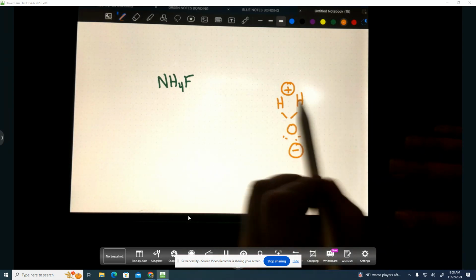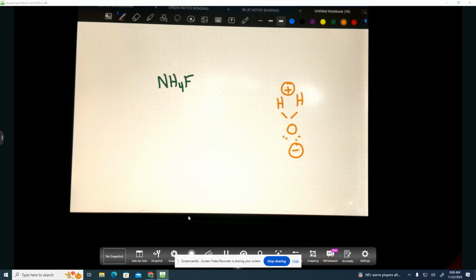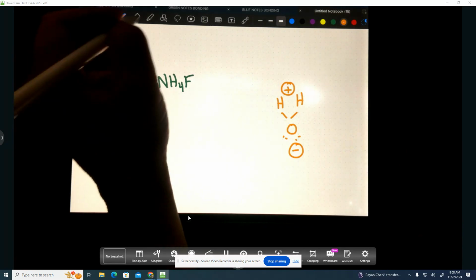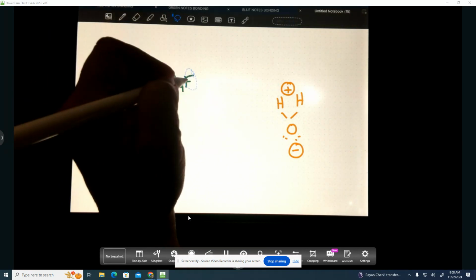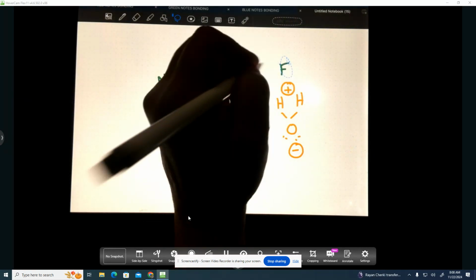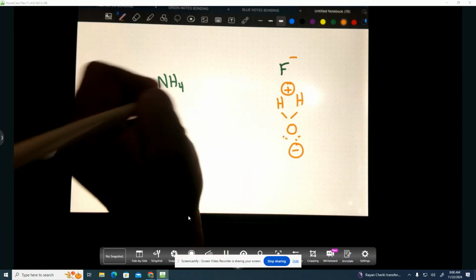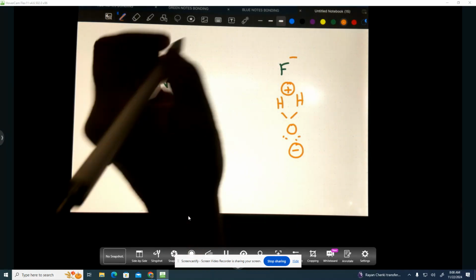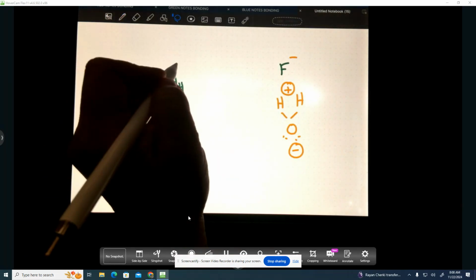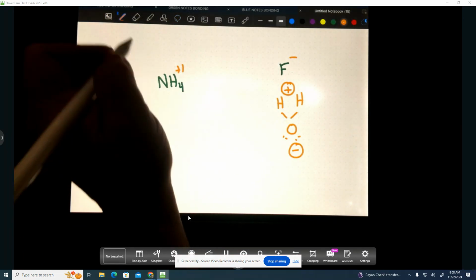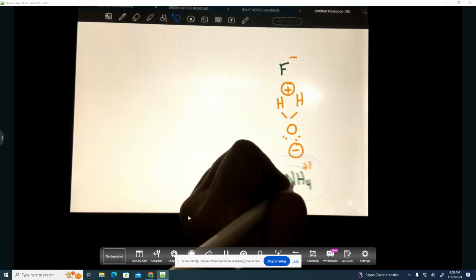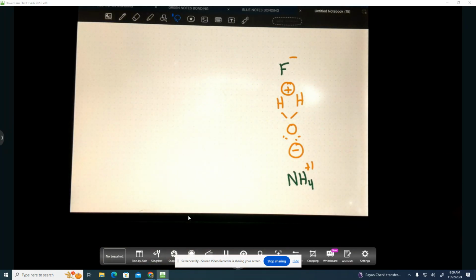What is going to be attracted to the hydrogen end of that water molecule? The fluorine. This fluorine right here, because that's the negative, it's going to go here. And this ammonium, which is a polyatomic ion, and you need to know that, is going to be positively charged, and it is going to be attracted to the negative end of the water molecule. Okay? So that recaps the different types of molecule-ion attractions.